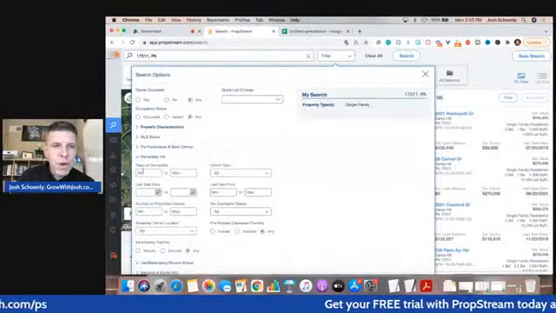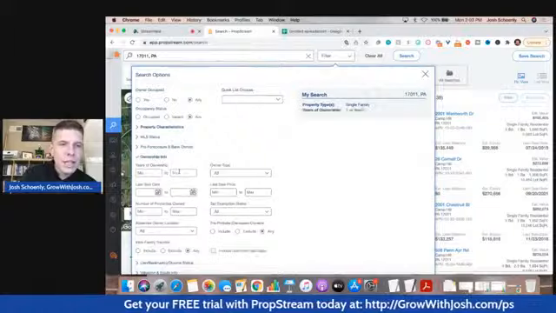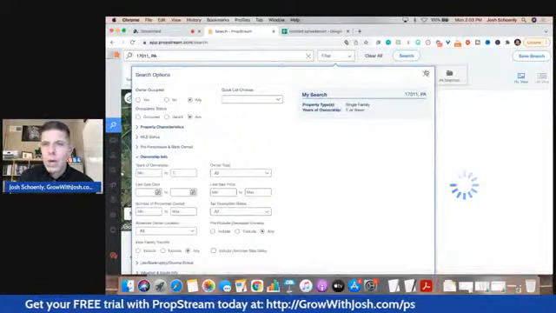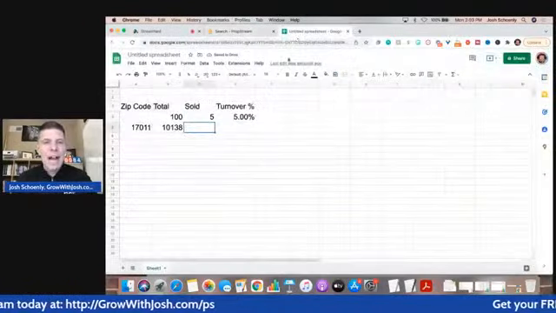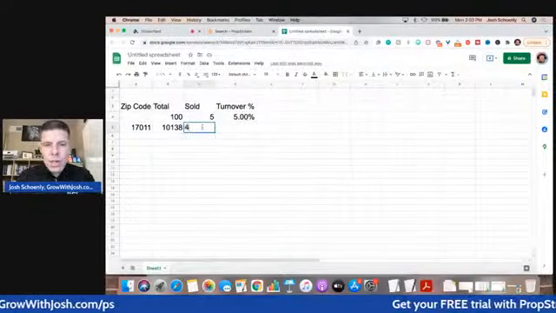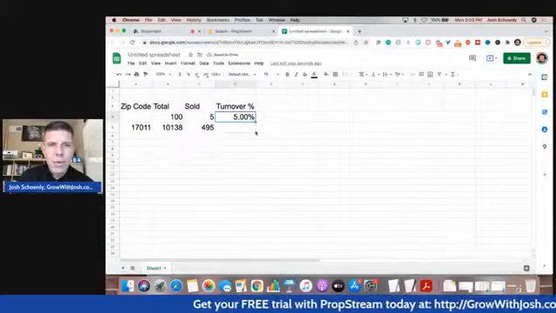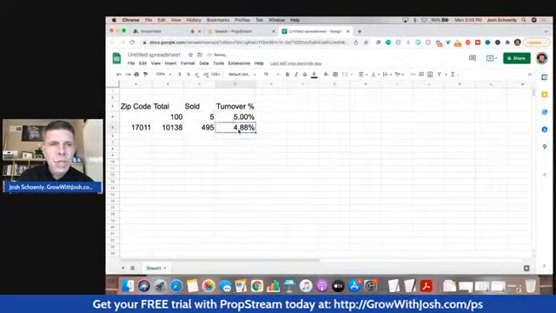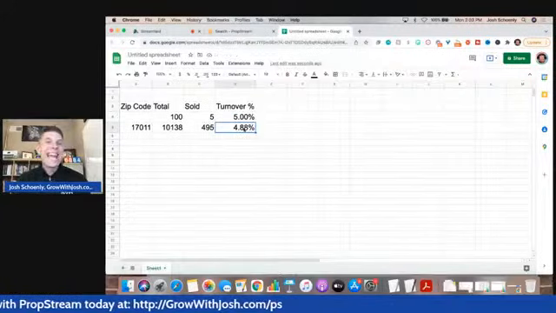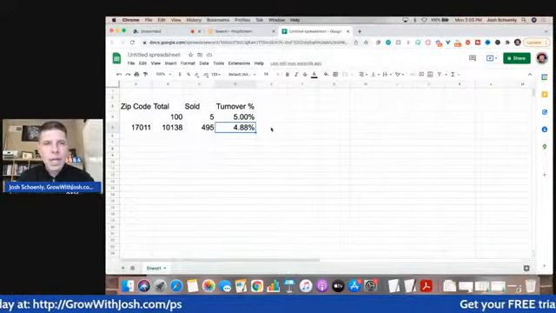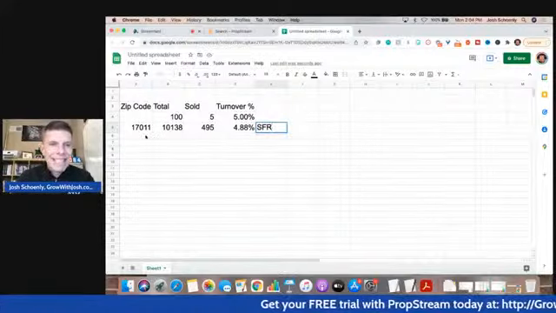I'm going to go to ownership info and set max years of ownership to 1 year, which means the property sold in the last year, and we get 495 as the result. All I did here was make a little formula, taking this number divided by this number, and we got 4.88%. I'm going to note here that this is SFR, single family residences.